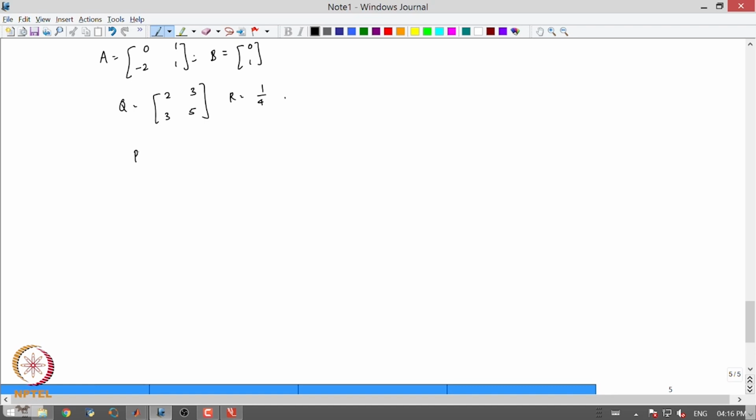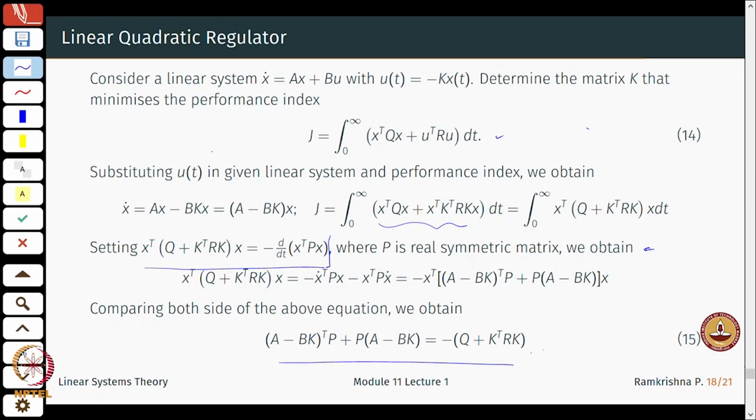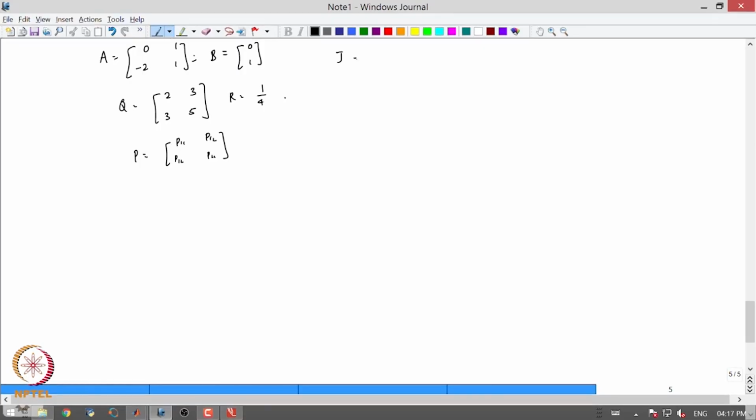I again fix P as P 11, P 12, P 12, P 22, and use the standard cost function, J is the integral from 0 to infinity of x transpose Q x plus u transpose R u dt.